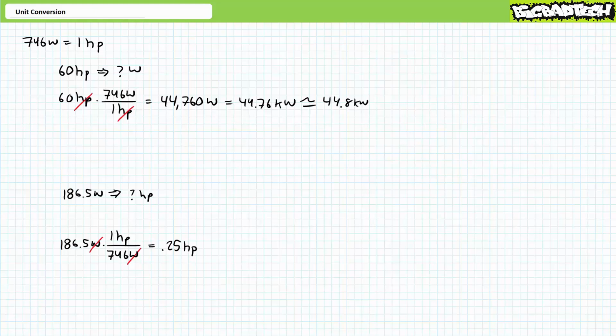Now, before you rush off and express this answer in proper engineering format as 250 millihorsepower, let me explain something to you that you might or might not be aware of. You'd think every system of units would use engineering prefixes to make expressing unusually large and unusually small numbers in a compact, readable format, but that is most assuredly not the case.